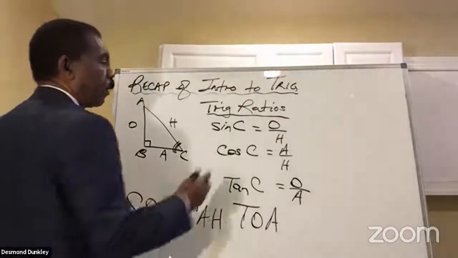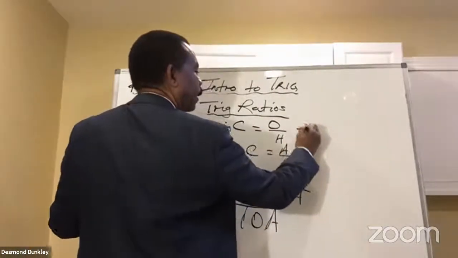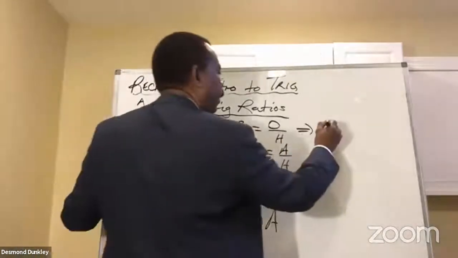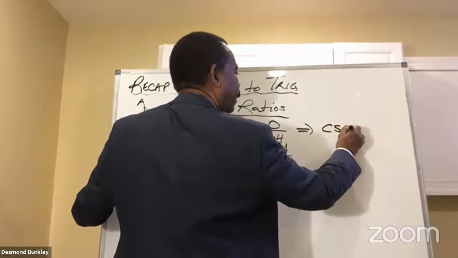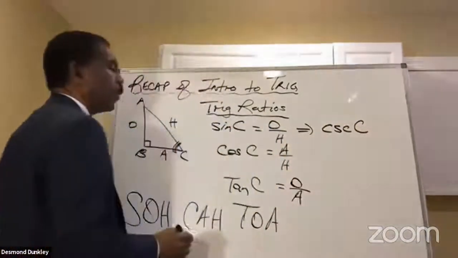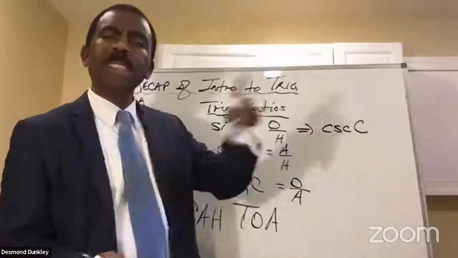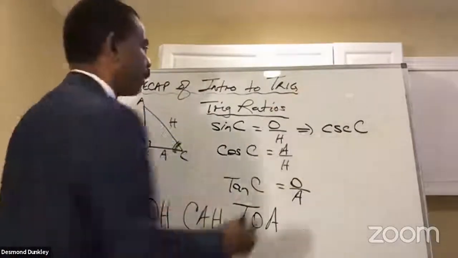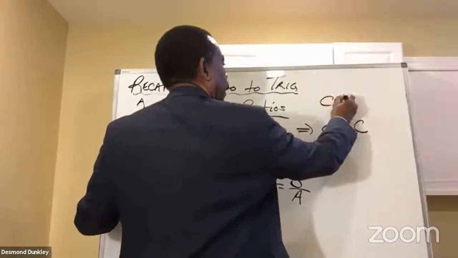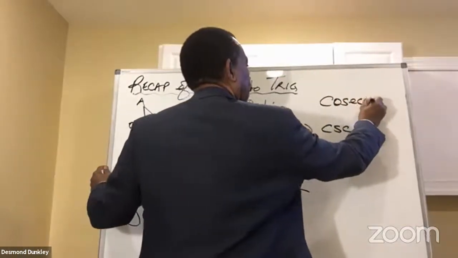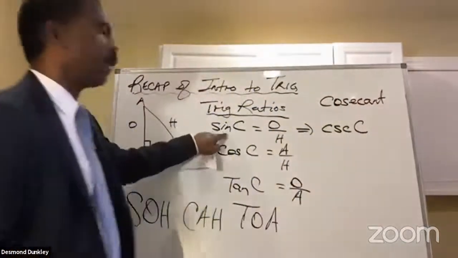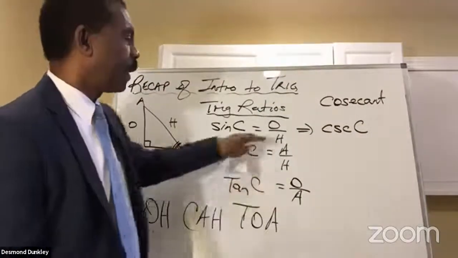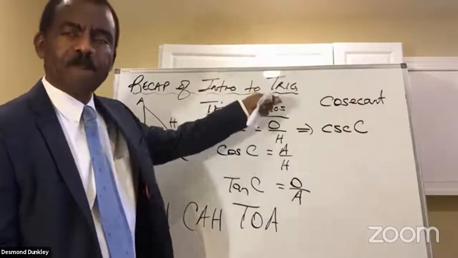And then, of course, we also talked about the reciprocals. Sine of C, and we also talked about cosecant of angle C. So CSC, which is cosecant, C-O-S-E-C-A-N-T, cosecant, is the reciprocal of sine of C, meaning it's 1 over sine. So therefore, that will be hypotenuse over opposite.